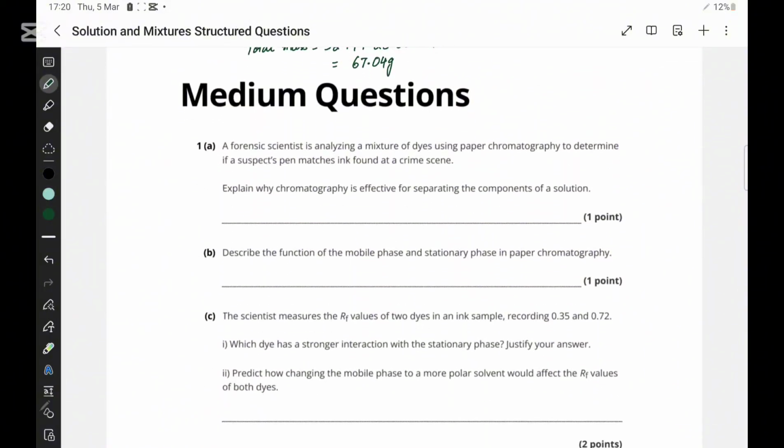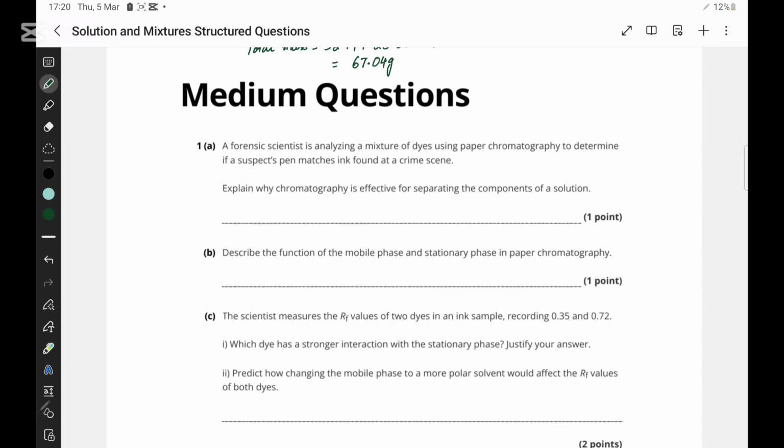A forensic scientist is analyzing a mixture of dyes using paper chromatography to determine if a suspect pen matches ink found at a crime scene. So explain why chromatography is effective for separating the components of a solution.